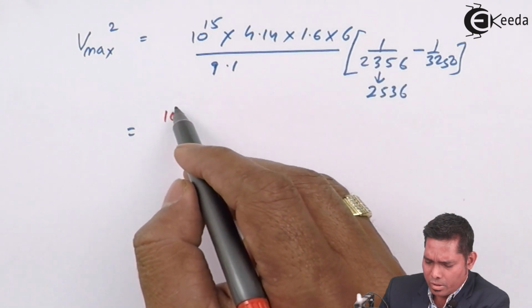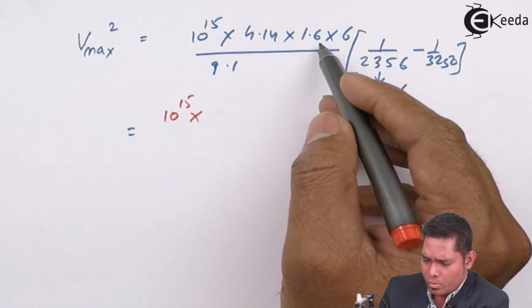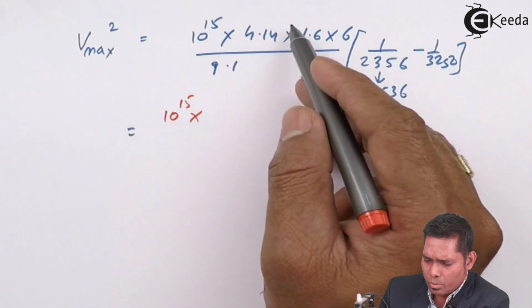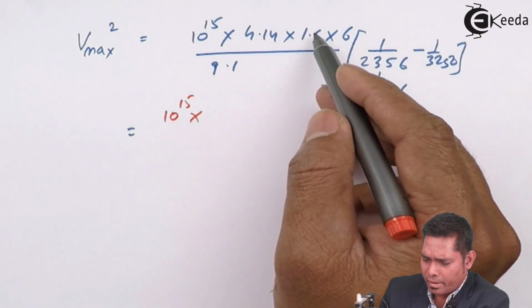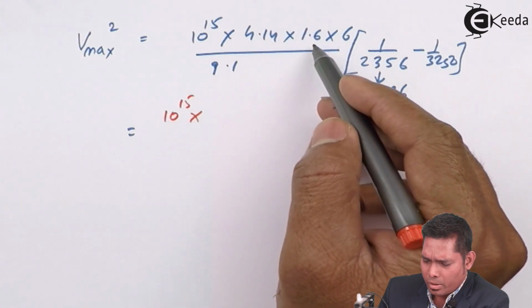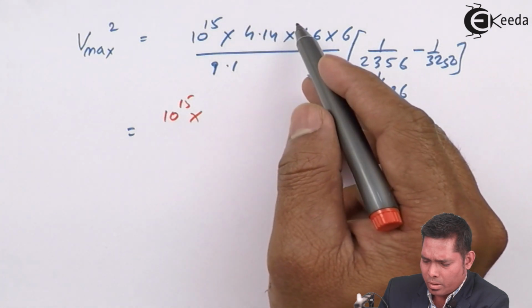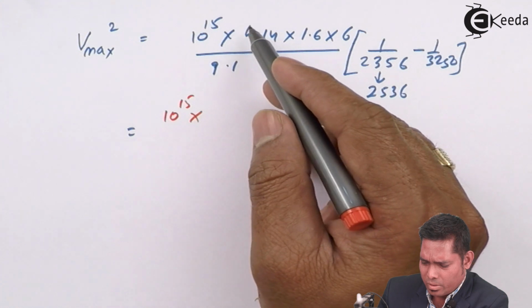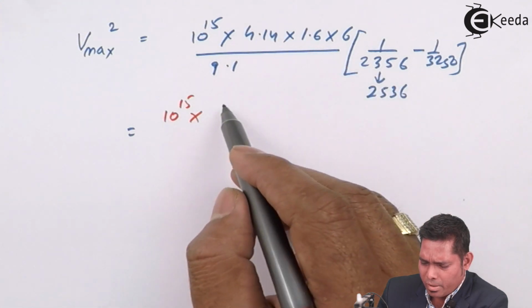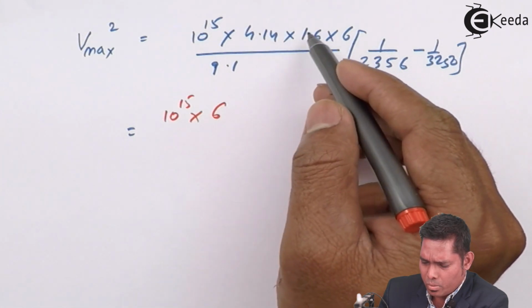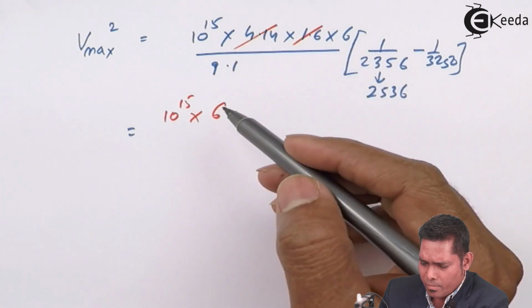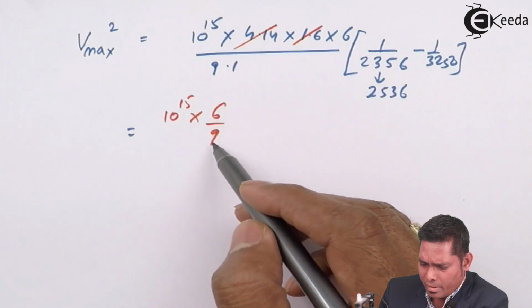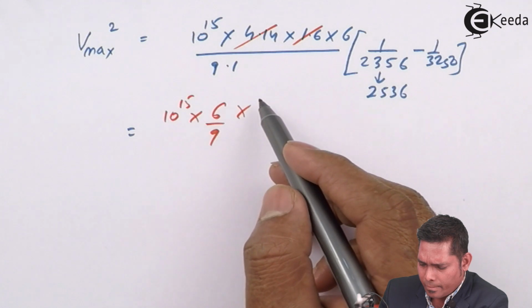So this is 10 raised to 15 into these two together, 3 by 2 if I take, and 3 by 2, then 2 to the 4, so 3 to the 6, so around 6 point something. If I take 6 around, these two together I'll take 6, and this I'll take 9, this I'll take 6 again.